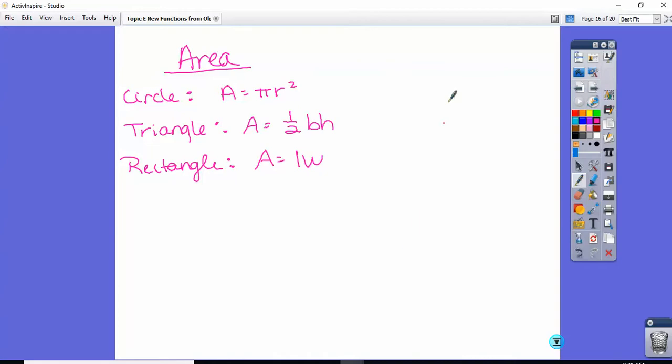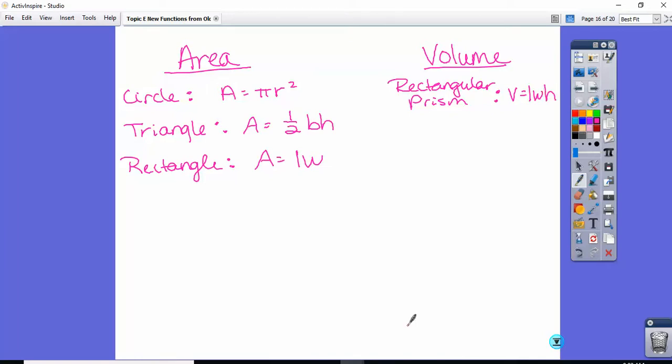Length times width. Volume-wise, you should know a cube, or really, I would say a rectangular prism. It's just a box, a rectangular box. Volume is length times width times height.